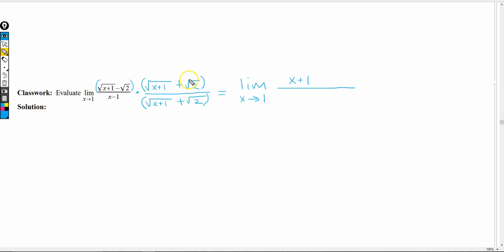Root x plus 1 times root 2 and negative root 2 times root x plus 1 will cancel, and then negative root 2 times root 2 is going to give me minus 2. All of that over x minus 1 times the square root x plus 1 plus root 2.